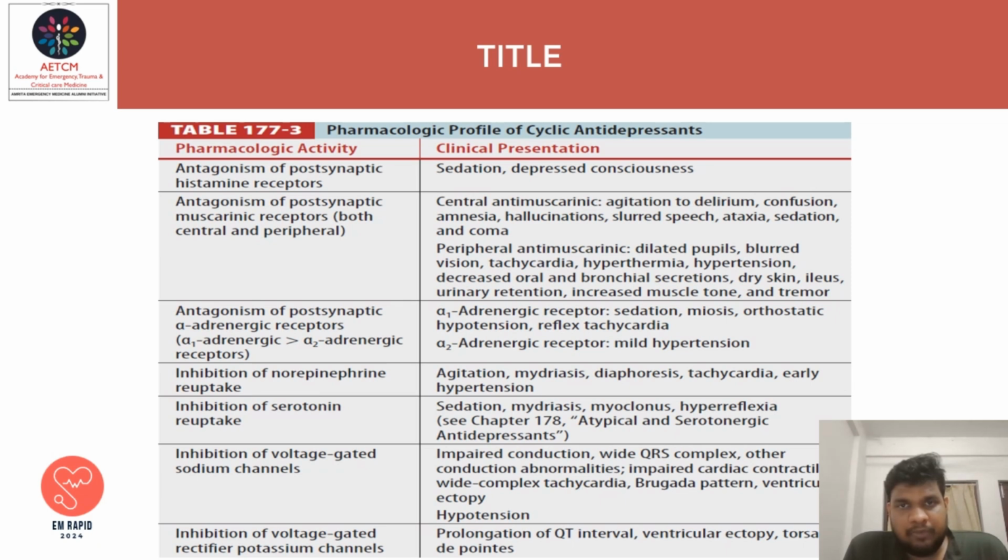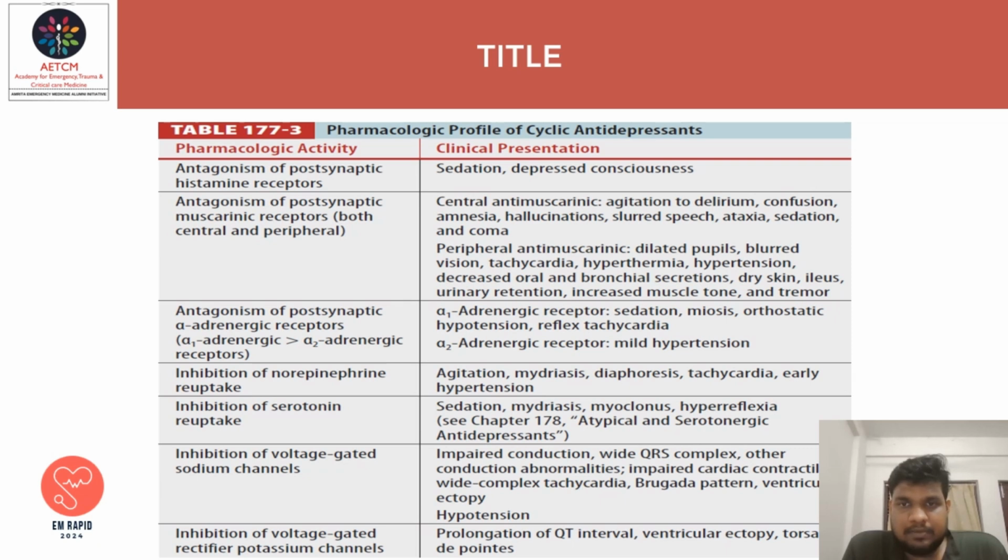Coming to the pharmacological profile of tricyclic antidepressants, there is antagonistic action at postsynaptic histamine receptors that leads to sedation and depressed consciousness. Antagonist action at postsynaptic muscarinic receptors, both central and peripheral: central antimuscarinic effects lead to agitation, delirium, confusion, amnesia, hallucination, slurred speech, ataxia, sedation, and coma.